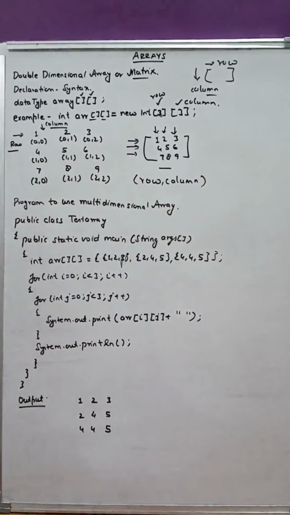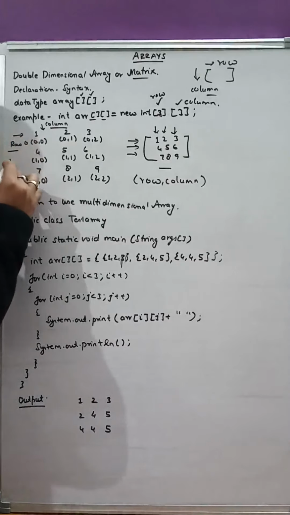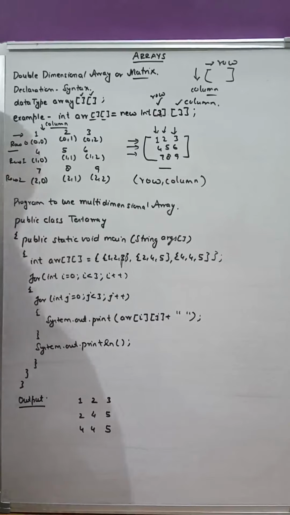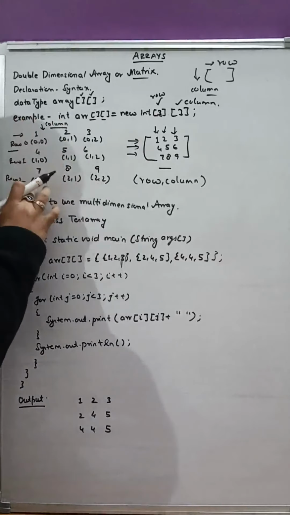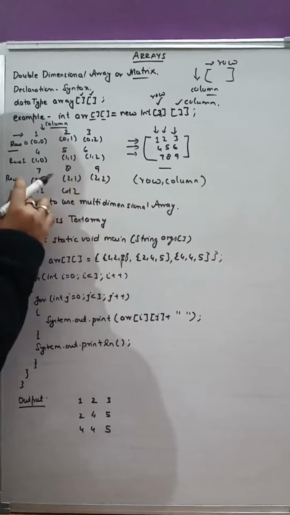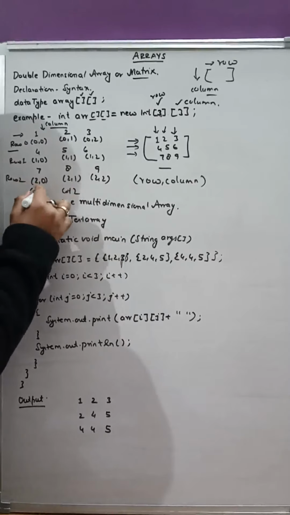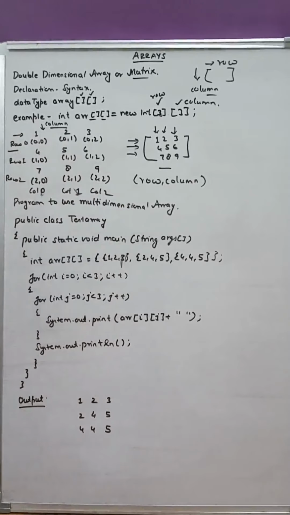In general, this is row 0, this is row 1, this is row 2, and above, this is column 0, this is column 1, and this is column 2.